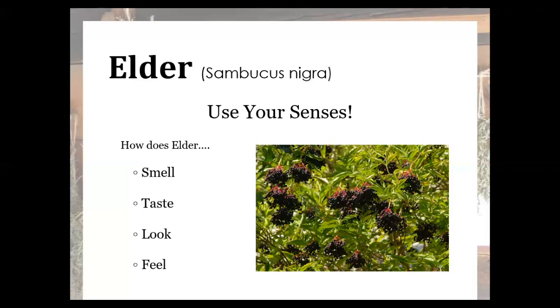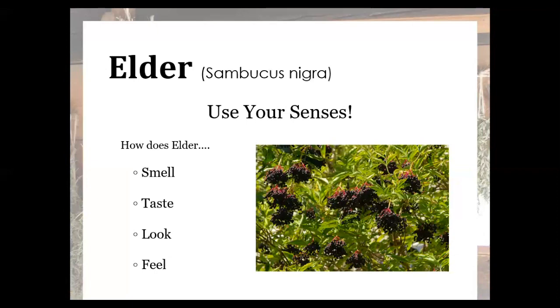One thing that I always have to watch out for is that elder looks a whole lot like another herb that we've already discussed in this class when it's dried, and that is schizandra, but they taste very, very different. So I always like to take this class to remind my students that when you are working with your herbs, you always need to label your herbs so you know what they are, because more than once I have had to do the is it elder or is it Schizandra test.